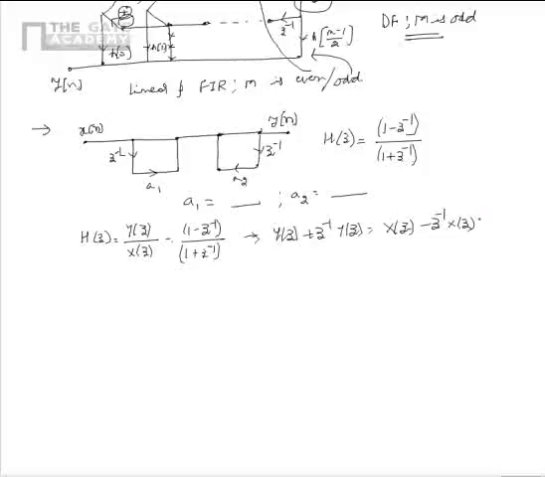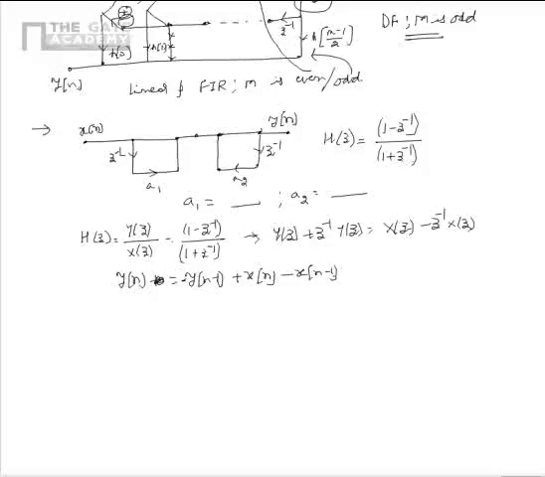Assuming that the system is causal, we take inverse z transform on both sides to get an LCCDE of y of n is equal to minus y of n minus 1 plus x of n minus x of n minus 1.